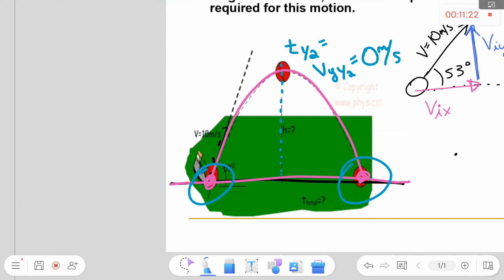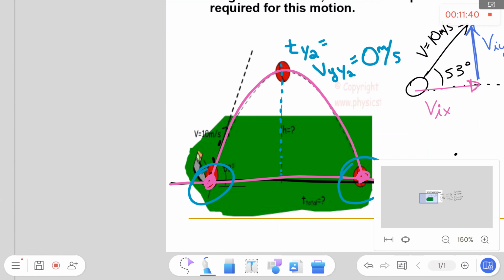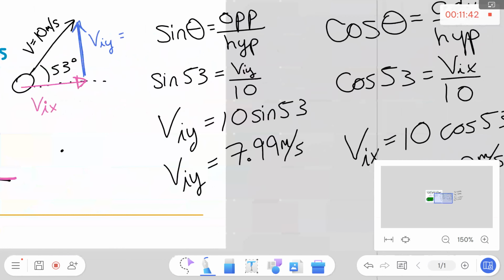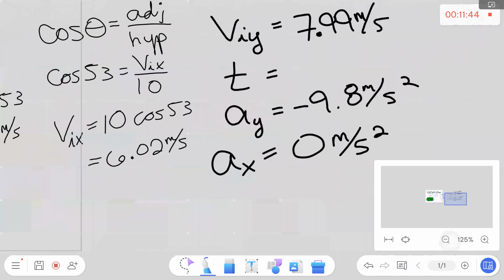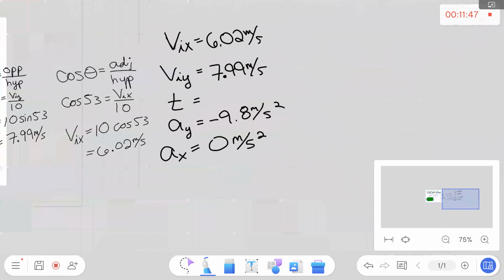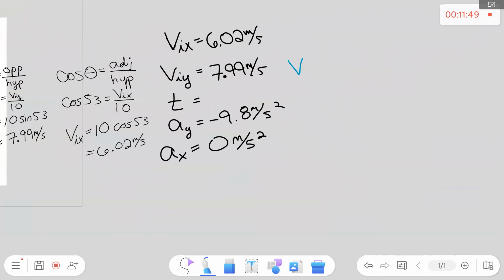For all projectile motions, your velocity at the halfway point, T1 half, in the y direction is 0. Okay, so I'm going to add this to my information. Velocity in the y direction at the halfway point equals 0.